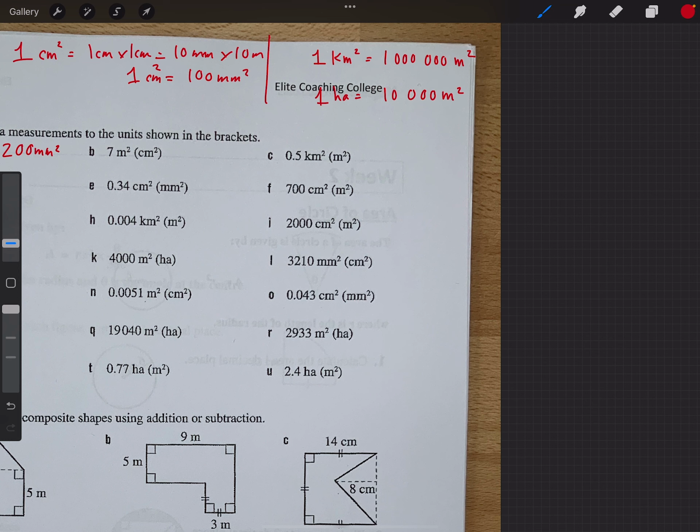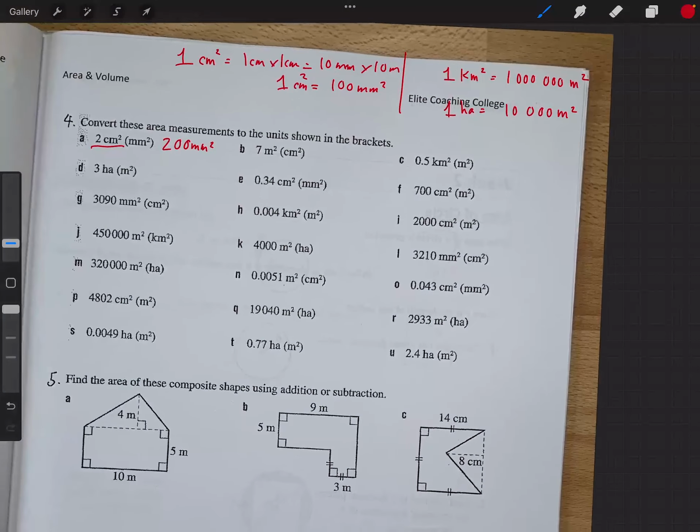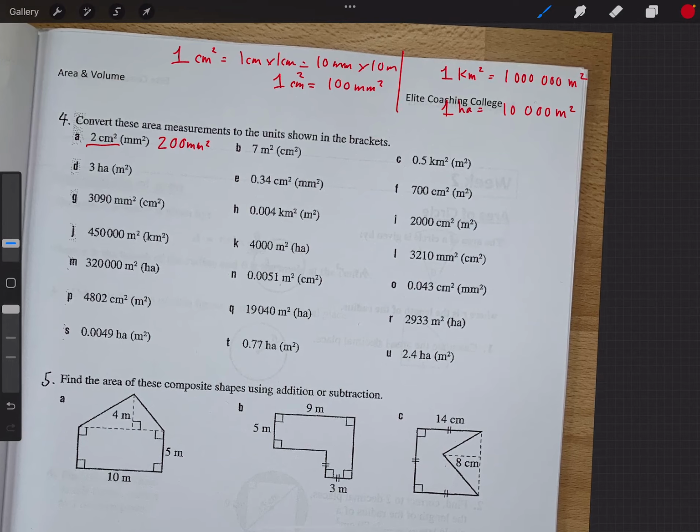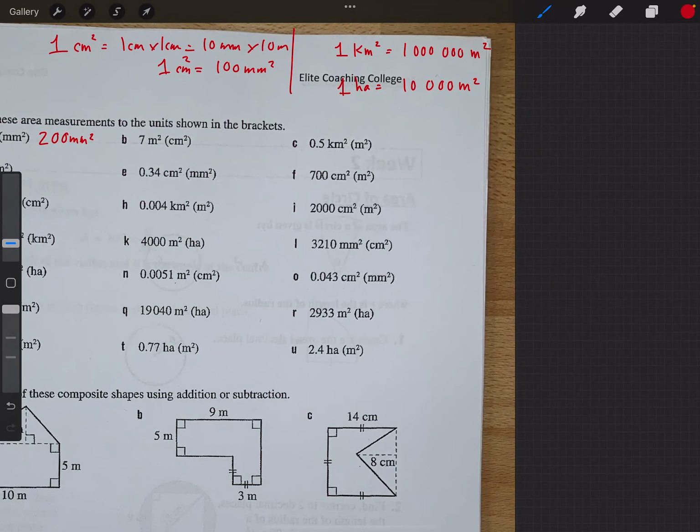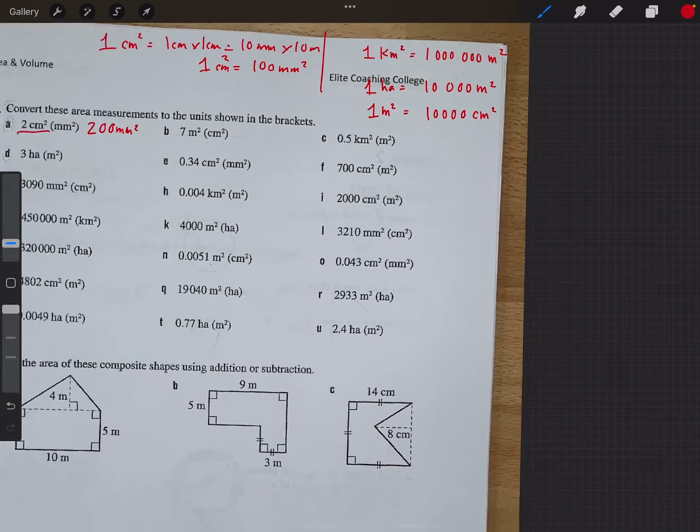What else do we got? 1 meter squared is equal to 10,000 centimeters squared. And yeah, that's it. Those are the main ones you'll be using.